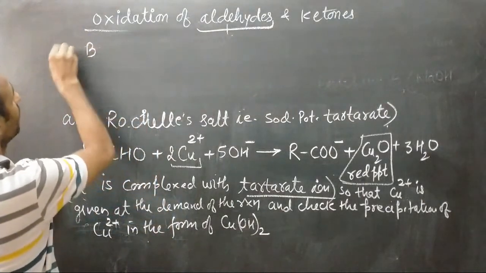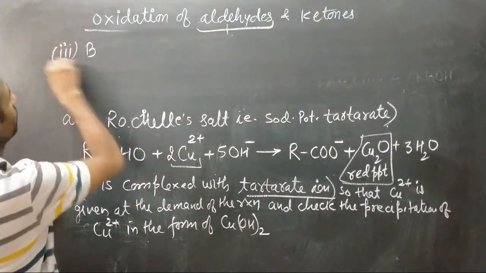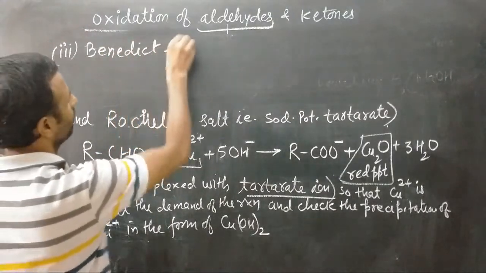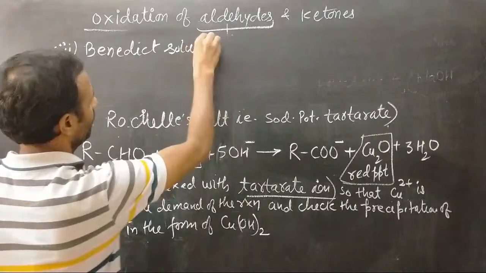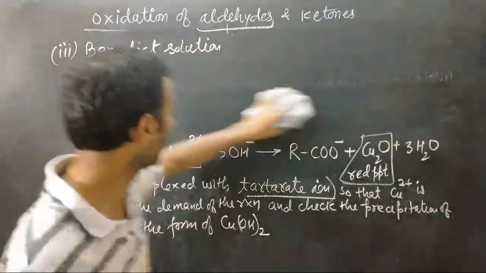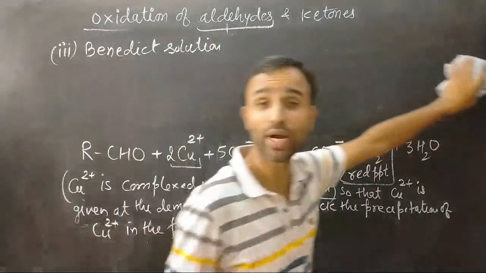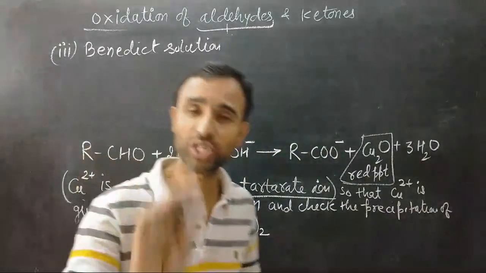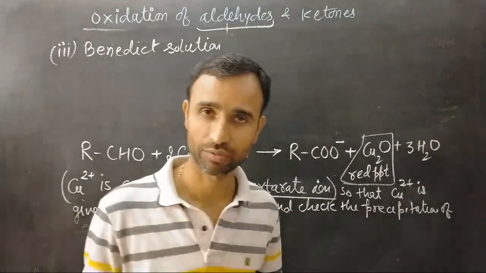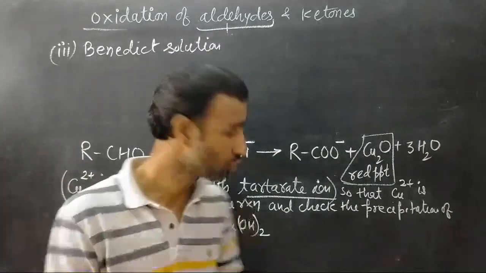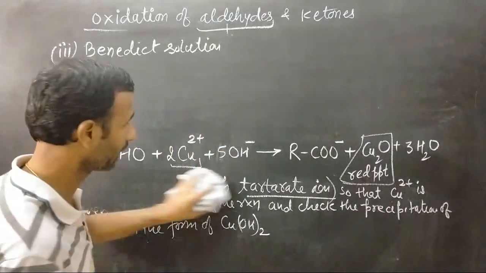Now third is Benedict solution. Reaction is same. Reaction remains same. Keep in mind, only aliphatic aldehydes will react. Aromatic aldehyde, means benzaldehyde and derivatives of benzaldehyde, do not react with Fehling solution.